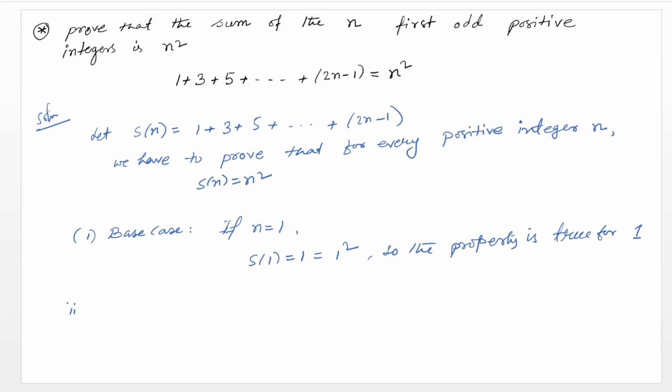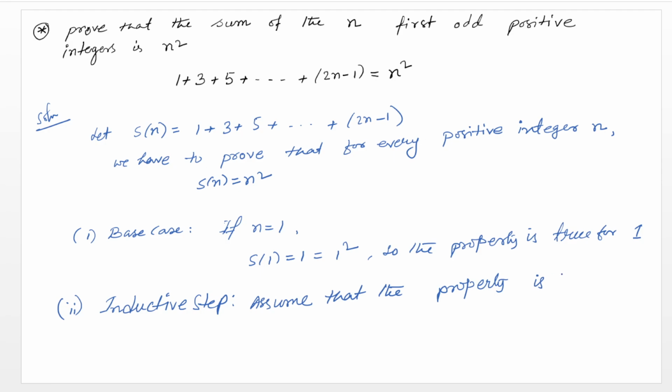Now, the inductive step. We assume, that is the induction hypothesis, assume that the property is true for some positive integer n, that is S of n is equal to n square.